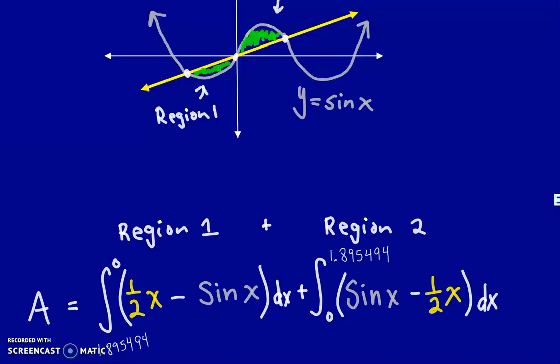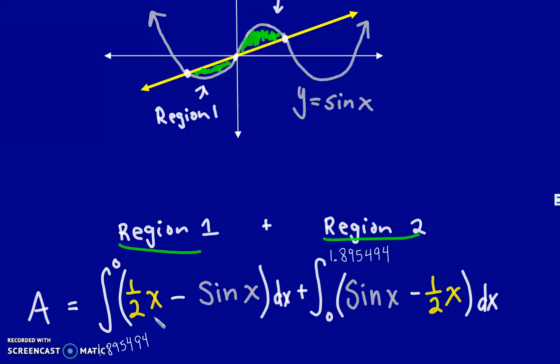Notice that in that first region, region 1 being this one, the top function, the top curve, is 1/2 x and the bottom one is sine x. However, in this second region, we have sine of x as the top function and 1/2 of x as the bottom. So they kind of flip-flop.